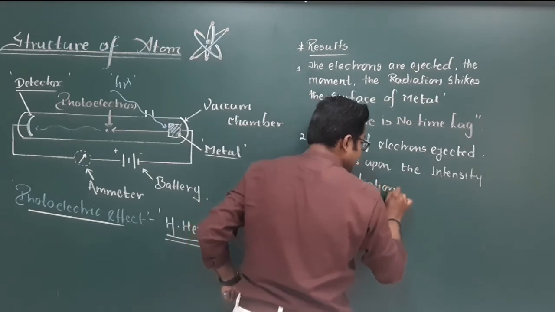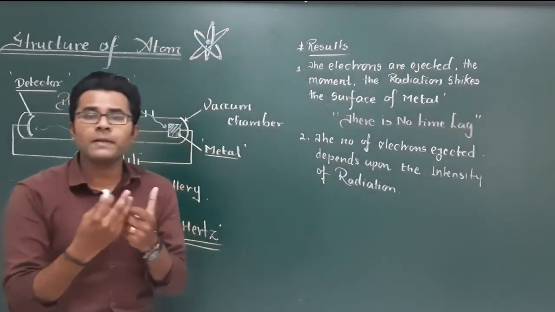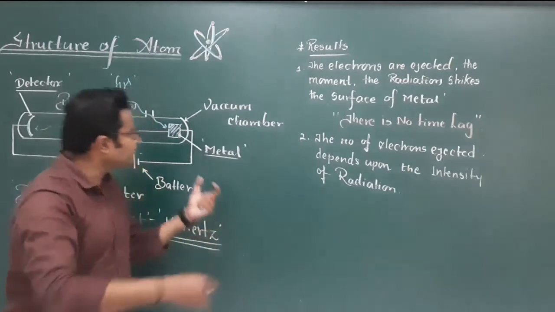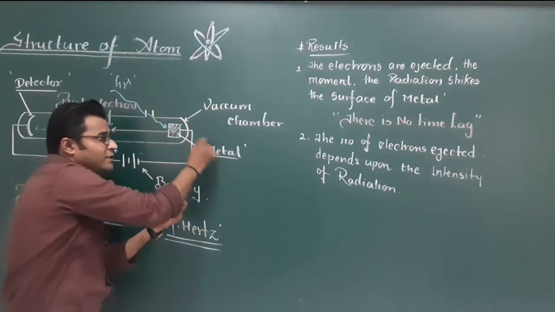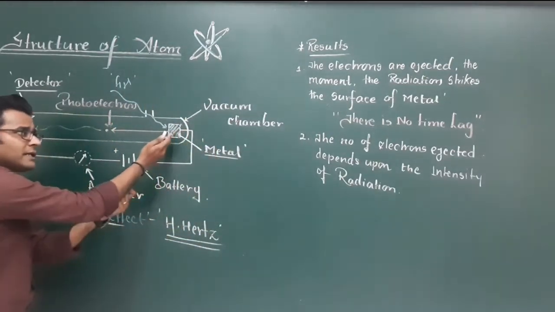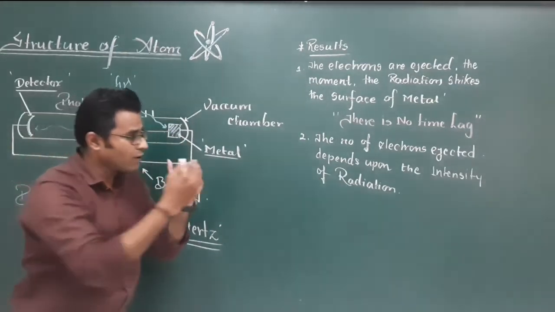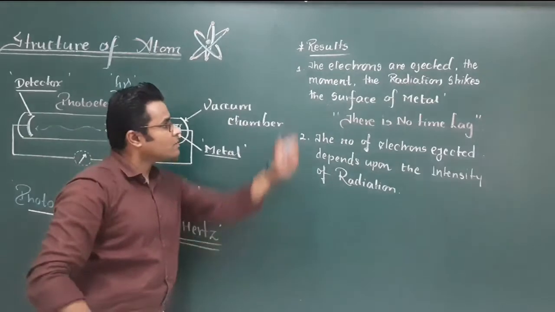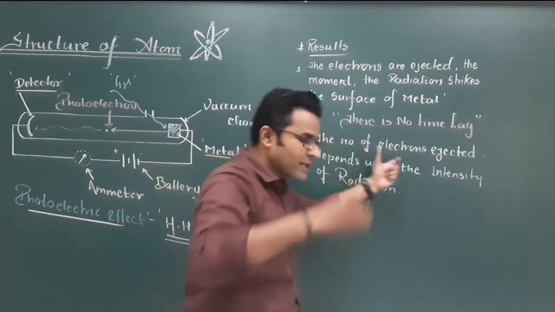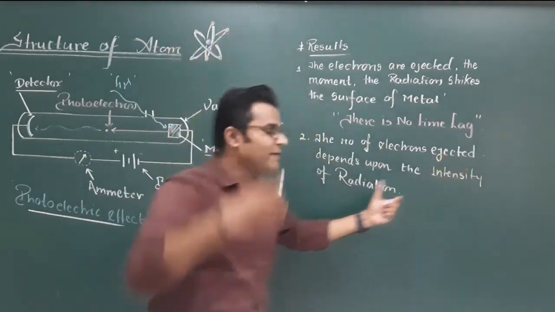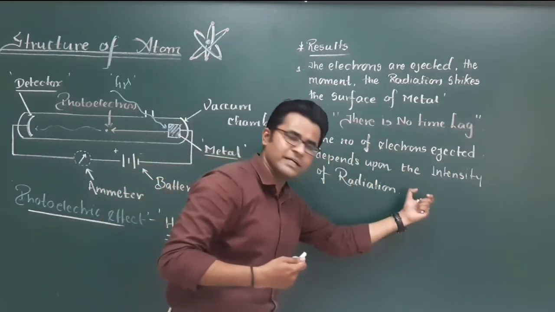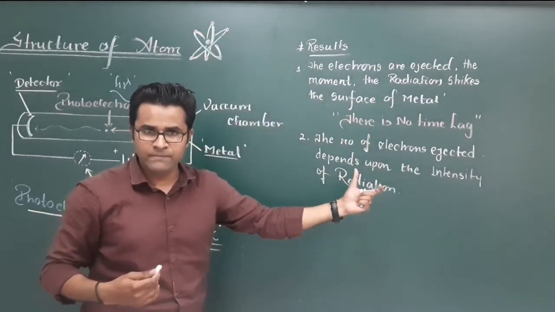Intensity here means the brightness. The brighter the light incident on this metal surface, the more electrons are ejected out. So the second result is that the number of electrons goes on increasing if we use brighter radiation.